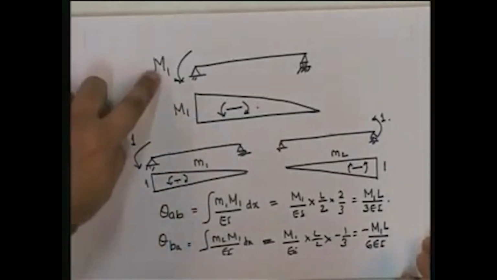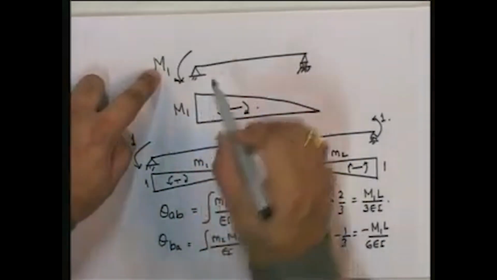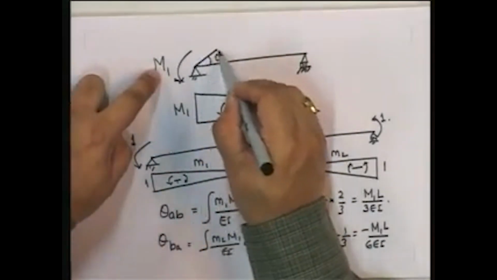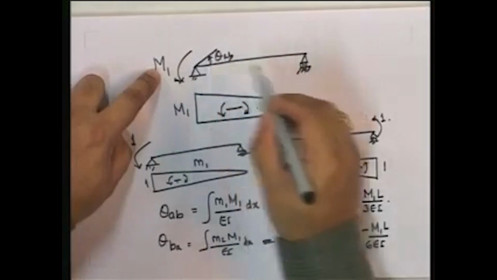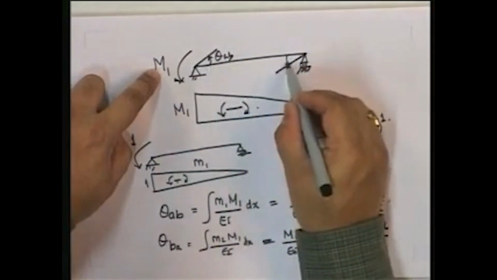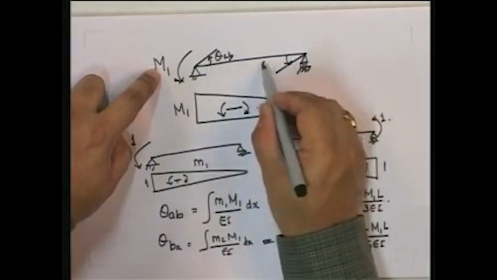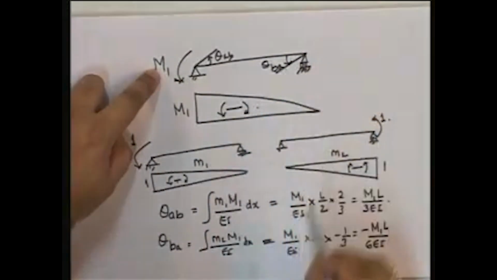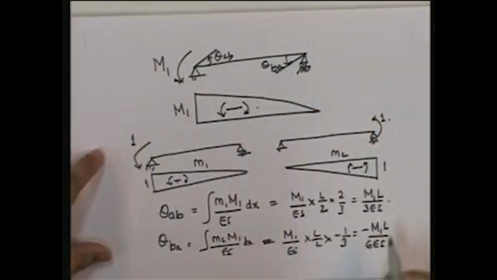Okay, so because of this load, theta AB anticlockwise and theta BA anticlockwise are going to be equal to this. What does theta AB positive mean?